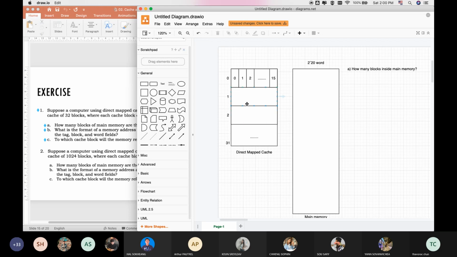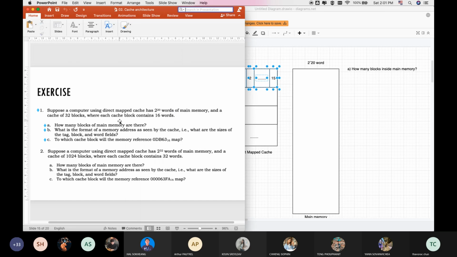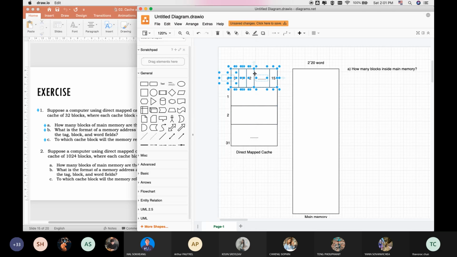And because the size of a block inside the cache and a block inside RAM is the same, the RAM block also has 16 words.